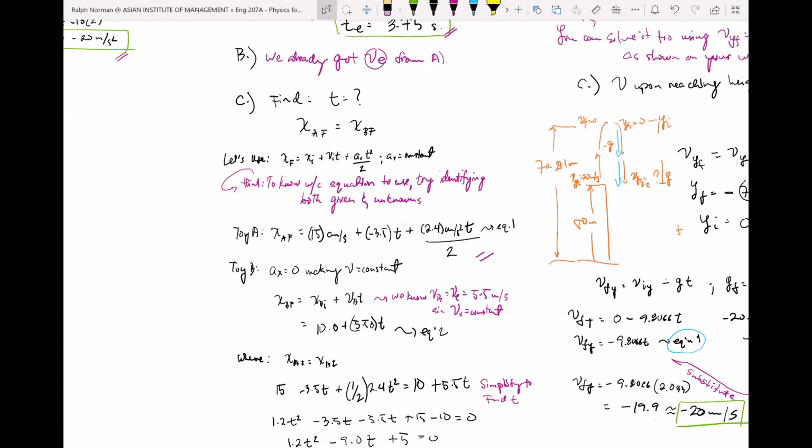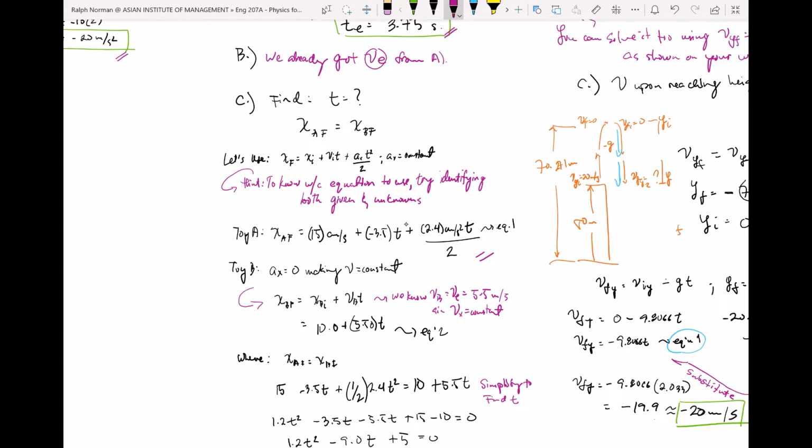For toy B, again, like I said earlier, constant acceleration is 0, making it a constant velocity condition. Hence, we can make use of our standard formula for constant velocity in finding final positions, which is x sub Bf equals the sum of x Bi and the product of the constant velocity of toy B times time.